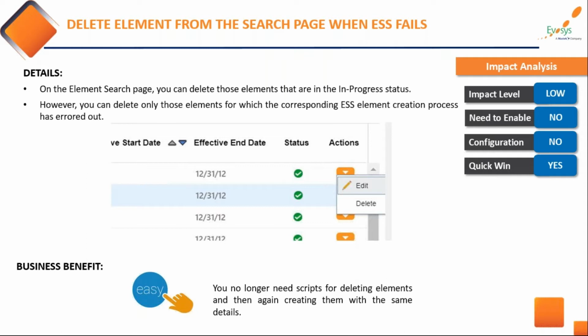But now Oracle has provided us with an option so that you can delete that particular element if it is in progress status, and you can recreate the element again.